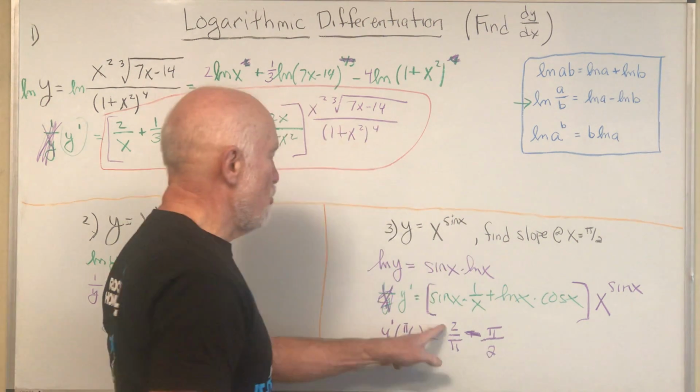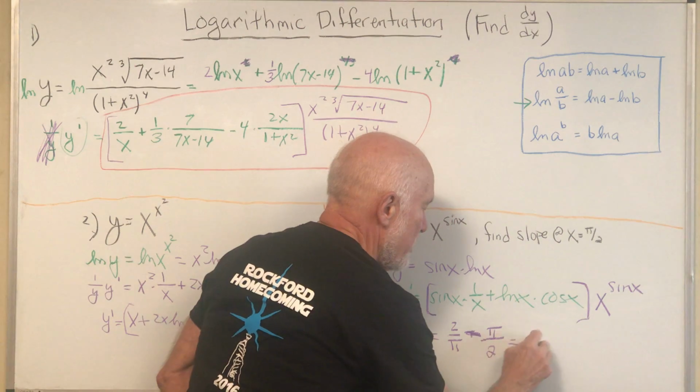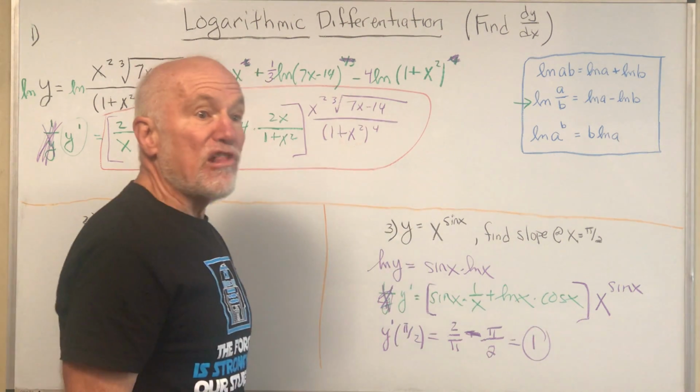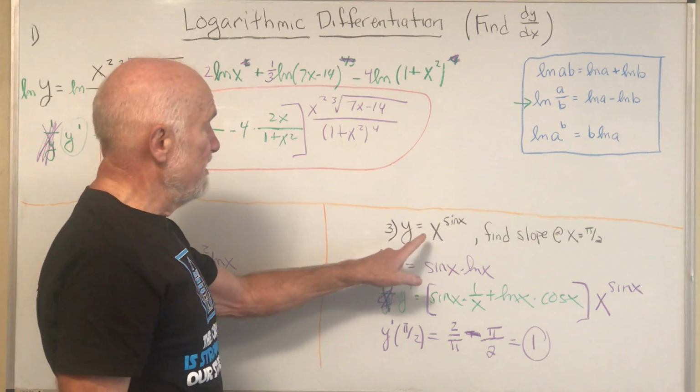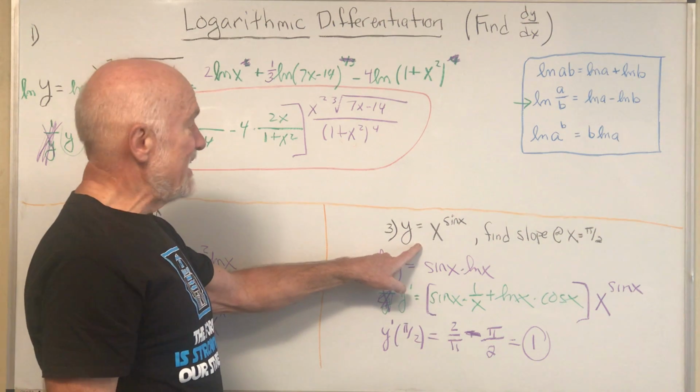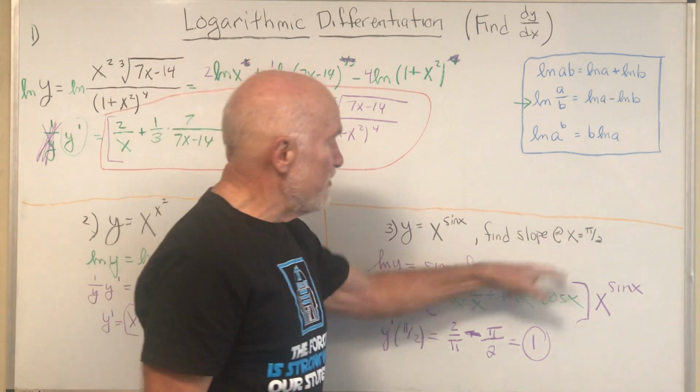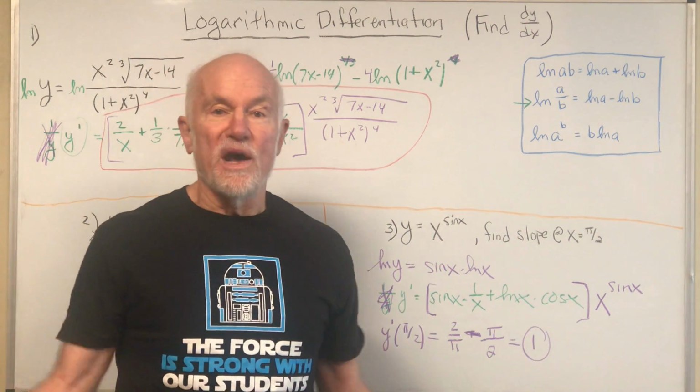So altogether we get 2 over pi times pi over 2. The slope of this function at x equals pi over 2 just turns out to be 1.